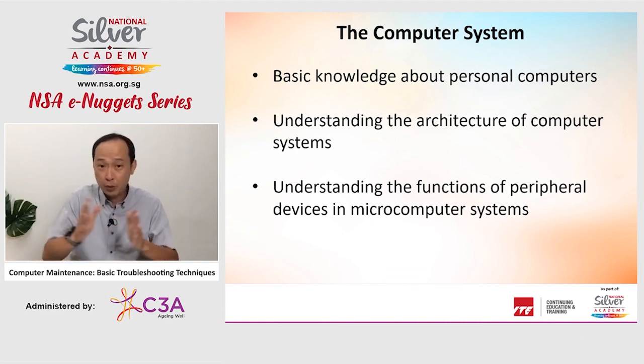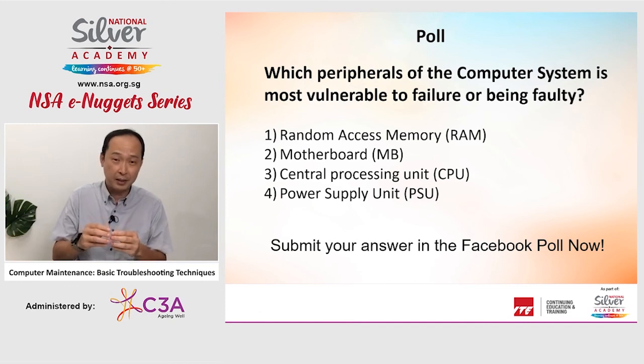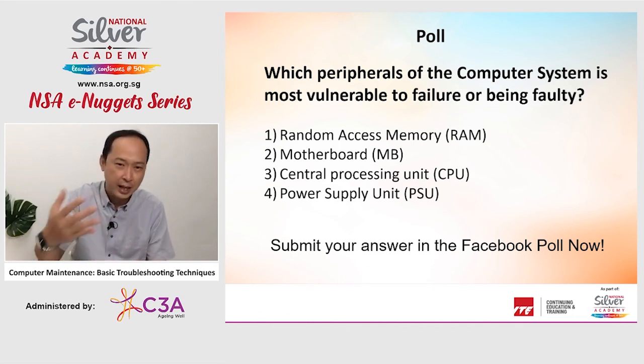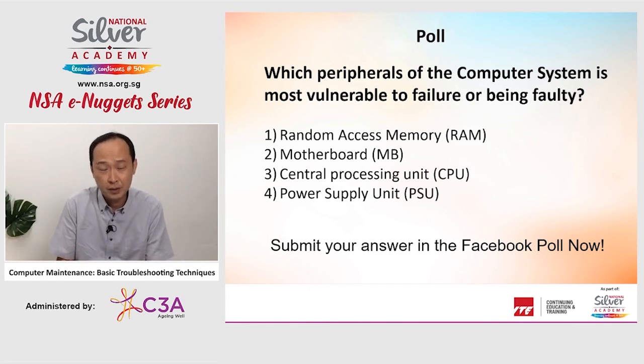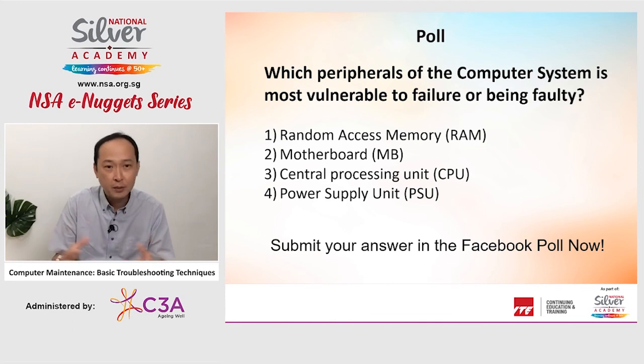Before we go deeper into what you are going to learn today, let's have a poll. My question to you is: in your daily experience, which peripherals, meaning which components in the computer system or laptop, are most vulnerable to failure?